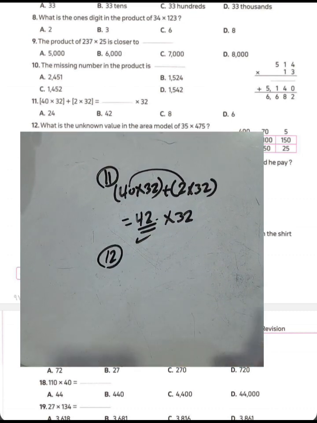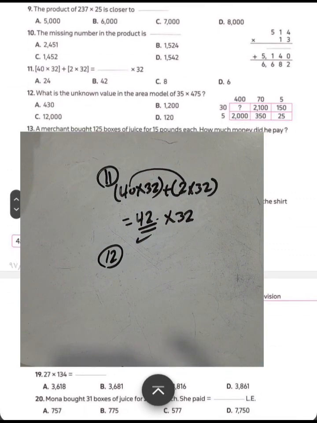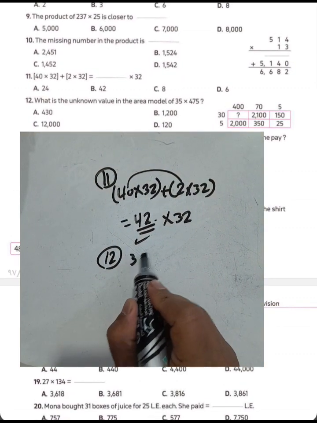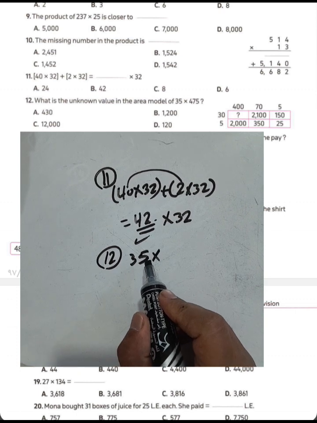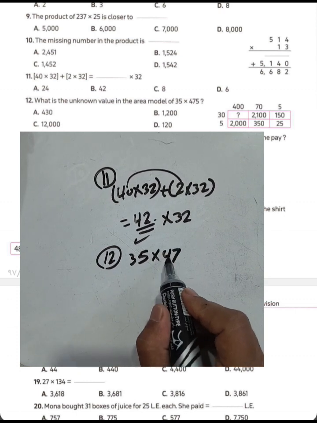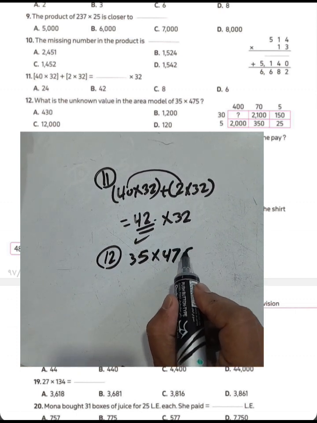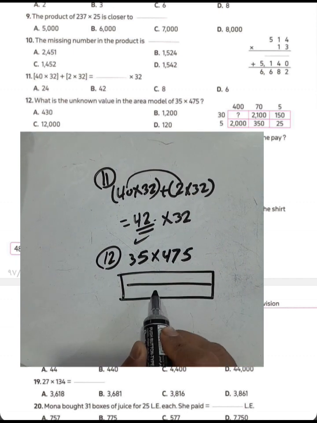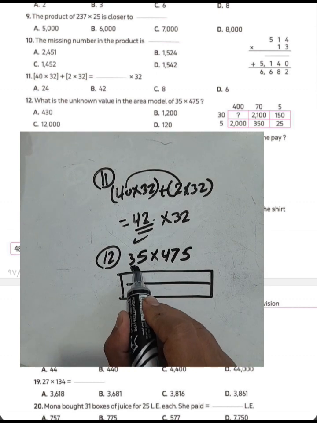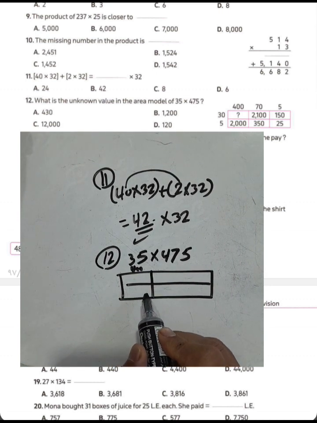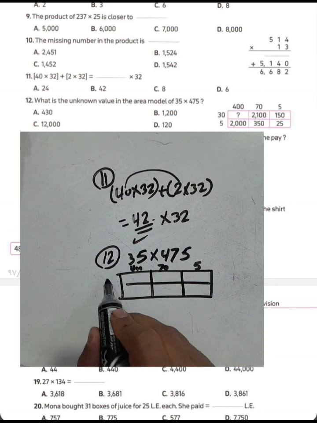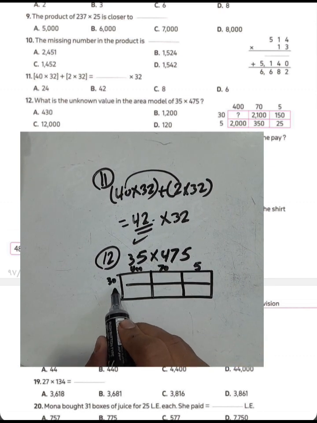Question 12. What is the unknown value in the area model 35 times 475? We can draw the table here and divide it into equal parts. First part 475, and here 30, and here 5.